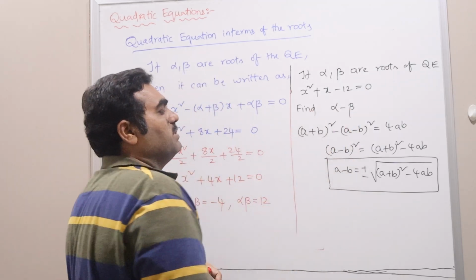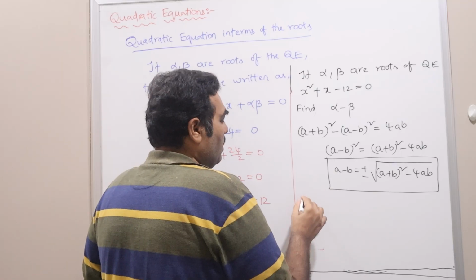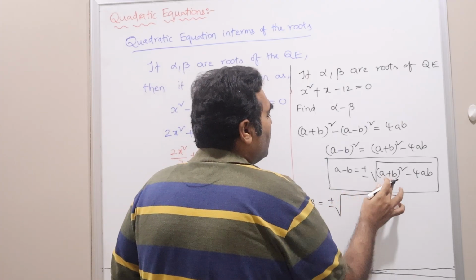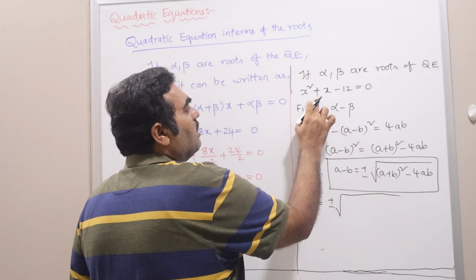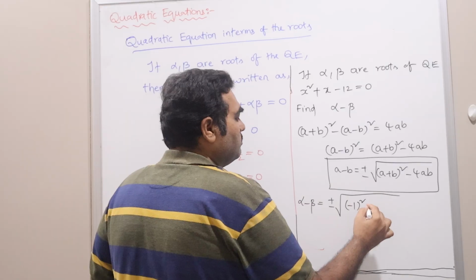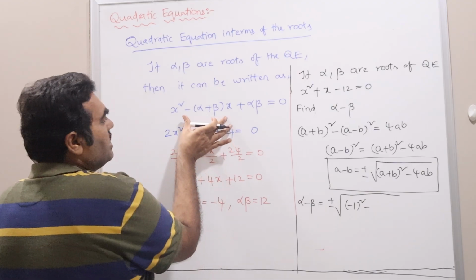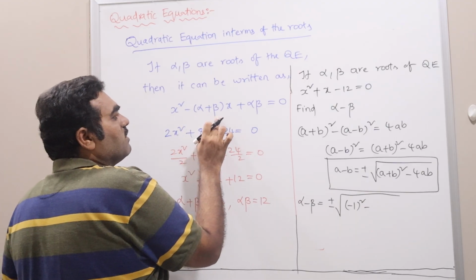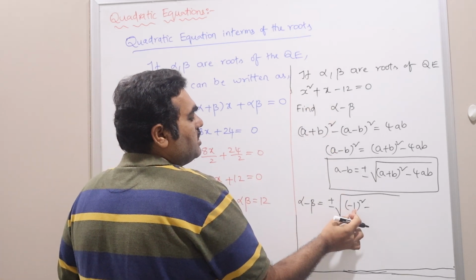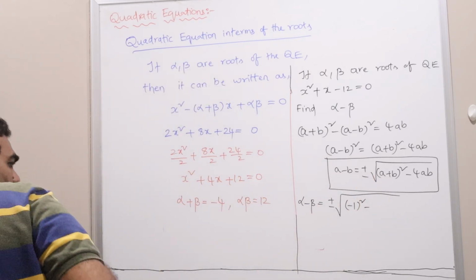And this we are going to use here to find alpha minus beta. So let us find alpha minus beta is equal to plus or minus, what is alpha plus beta? When you compare here, you should compare this equation with the standard equation. So in place of alpha plus beta, you have minus 1, right? So alpha plus beta is equal to minus 1 here.